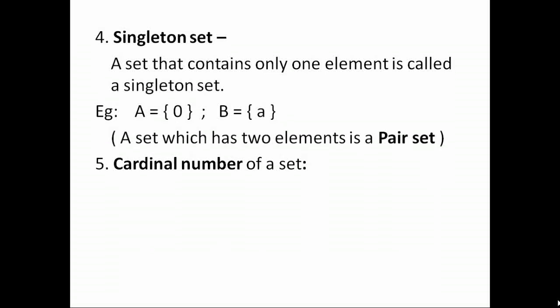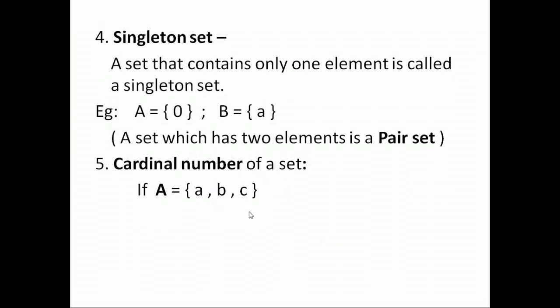Next, cardinal number of a set. Now this is not a set. Cardinal number of a set simply means the number of elements of a set. So let's take this example of set A. So the elements of set A are A, B and C. Now how many elements are there? 1, 2 and 3. So 3 elements, right?